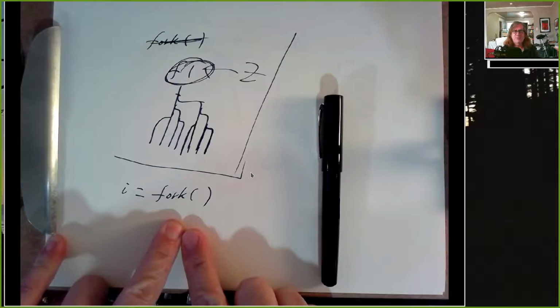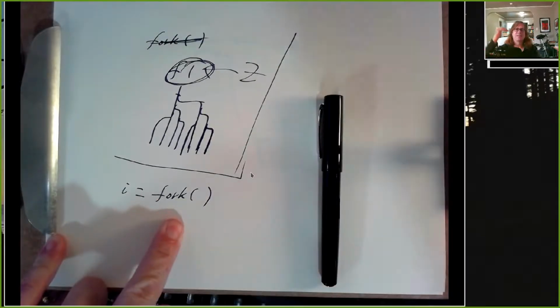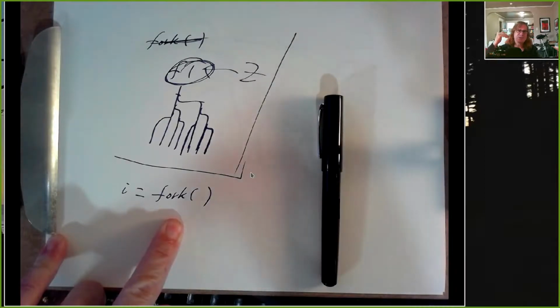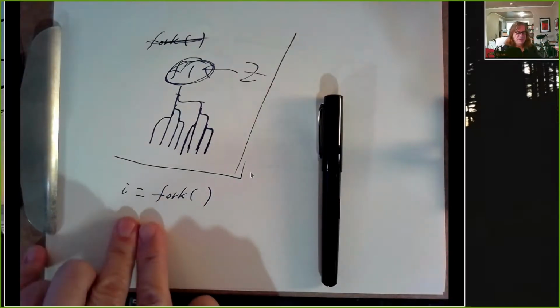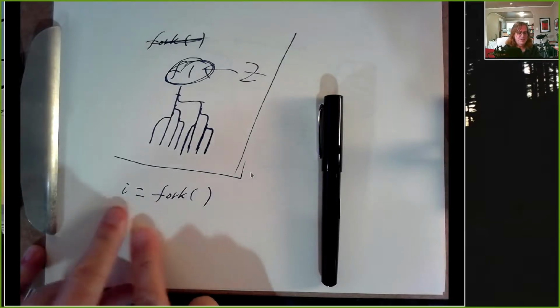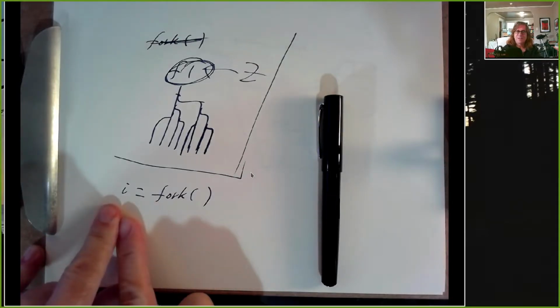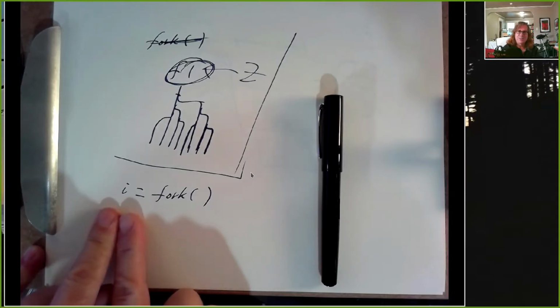It's an exact replica. Got the exact same memory contents, the exact same code. The program counter is exactly the same value. It looks like a perfect clone of your process, except the second thing that happens, the return value from fork is different. If you're the parent process, you get back the process ID of your child. If you're the child process, you get back a 0.